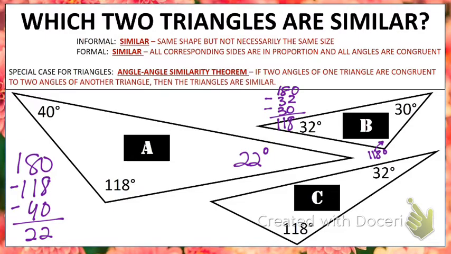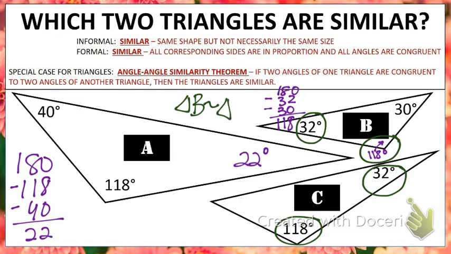Now when we go to triangle C, we don't even need to find the missing angle because triangle C has a 118 degree angle and so does triangle B. Triangle C has a 32 degree angle and so does triangle B. So it turns out that triangle B is similar to triangle C by the AA similarity theorem.